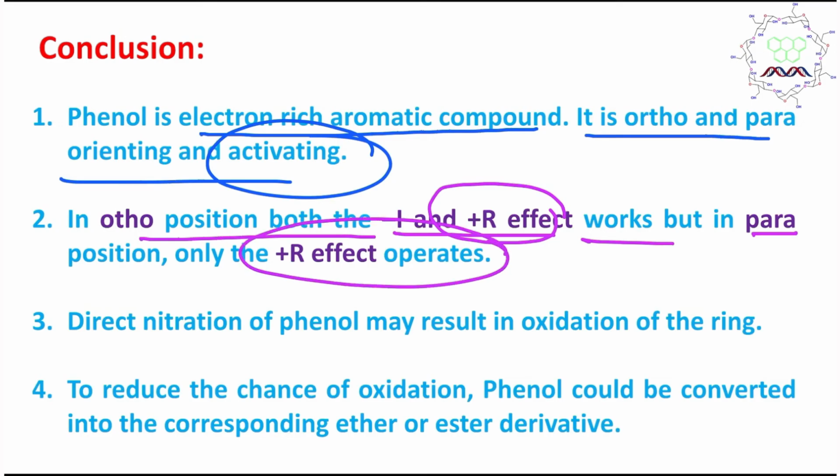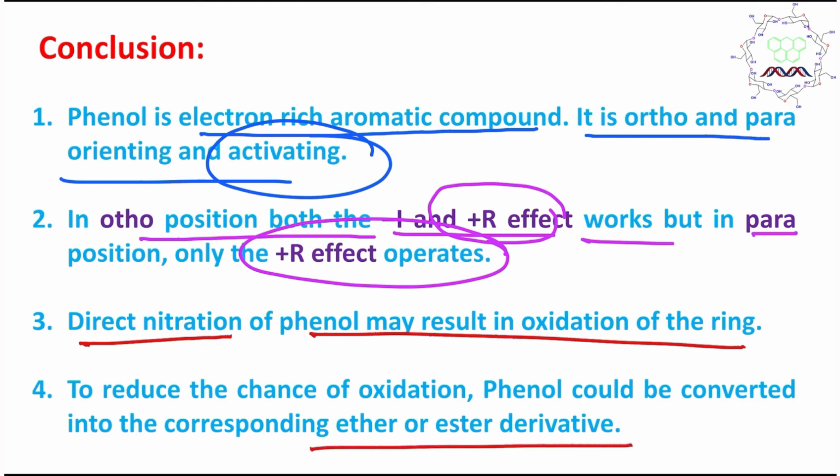Finally, direct nitration of phenol may result in oxidation of the ring because phenol is an electron rich compound, and second, nitric acid is a strong acid, but along with that it is also oxidizing in any condition, dilute or concentrated, whatever you consider. So that's why it is needed to convert this phenol into ether or ester derivatives such that the possibility of oxidation of this benzene nucleus could be reduced.